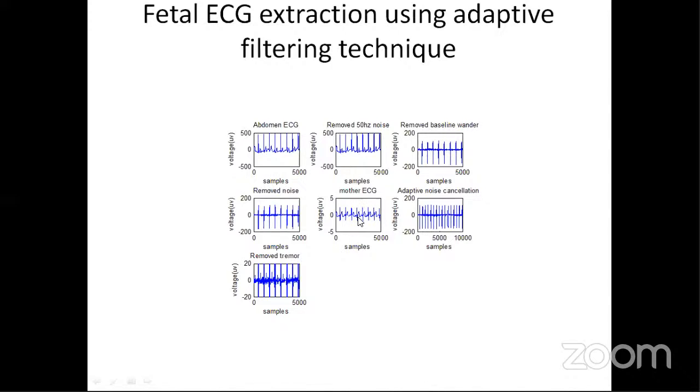The mother ECG is also pre-processed. After giving these two as the inputs for the adaptive noise cancelling technique, noise can be cancelled. Again, the noise inside that extracted signal is processed with the trimmer to get the exact ECG signal.